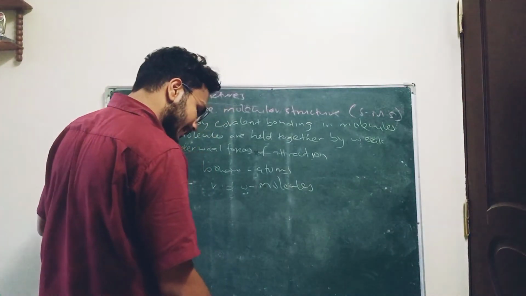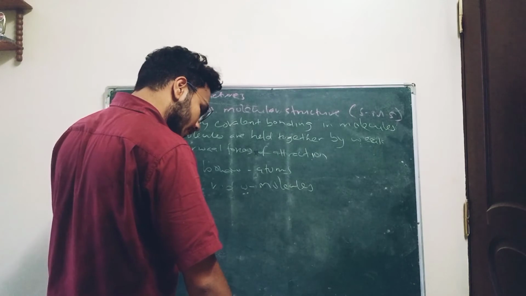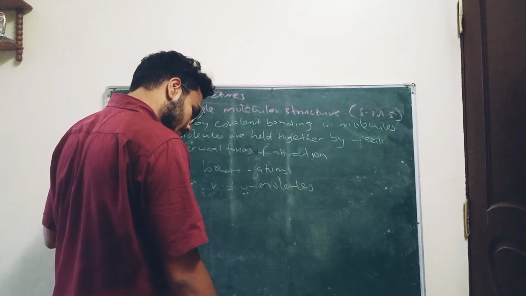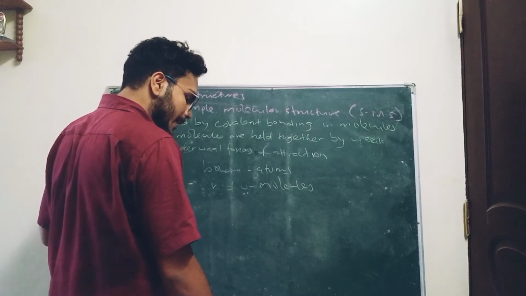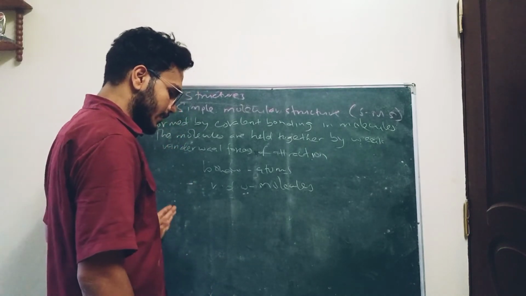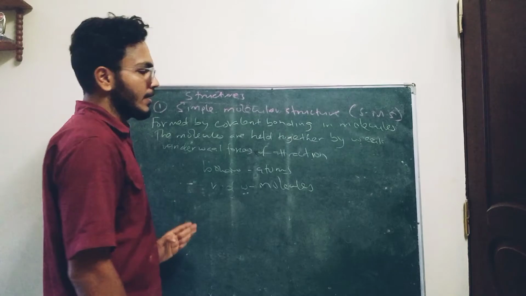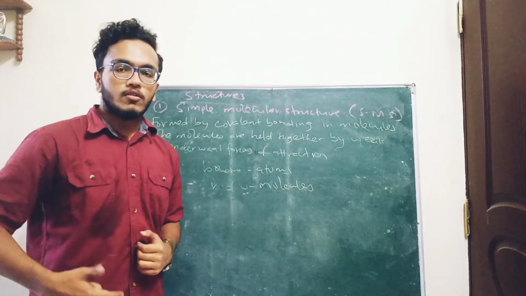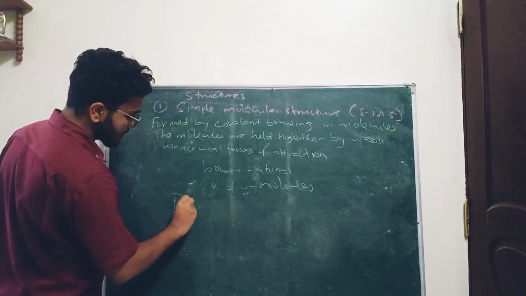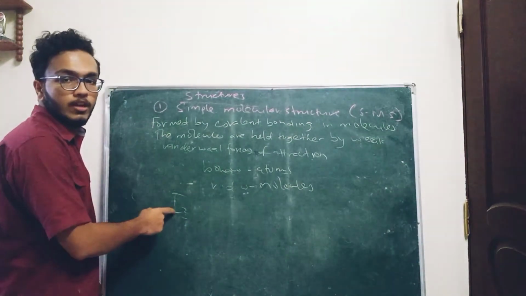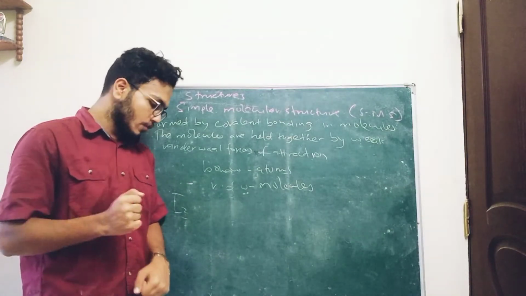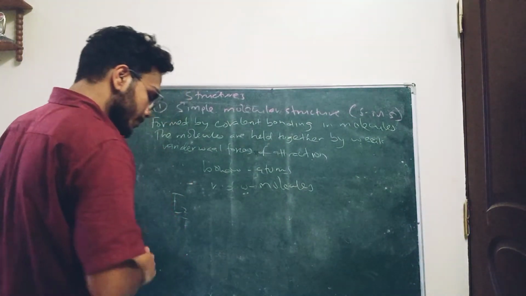In iodine, the atoms are held by covalent bonds, which are strong, but the molecules are held by van der Waals forces, which are weak. Melting and boiling break the van der Waals forces and not the covalent bonds. So the atoms are held by covalent bonds, but the molecule, I2, an iodine molecule, is held by weak van der Waals forces of attraction, which require less heat energy to break.